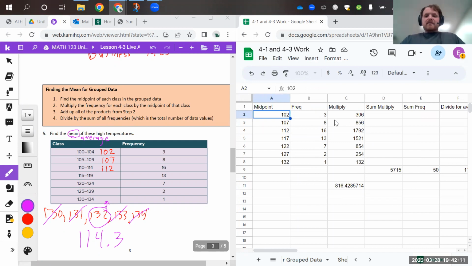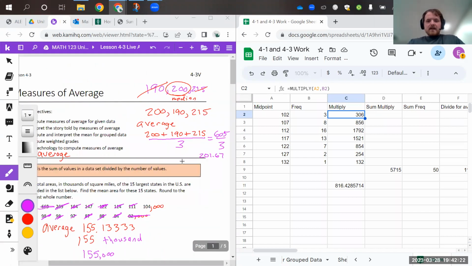The 856 came from the fact that there were 8 107s. So the average function wouldn't have given me what I wanted. If you're confused, looking at our equation from the simple example up here, that sum multiply is the numerator, and the sum frequency was the fact that there were 50 temperatures, the denominator. Then I divided those together and got 114.3.